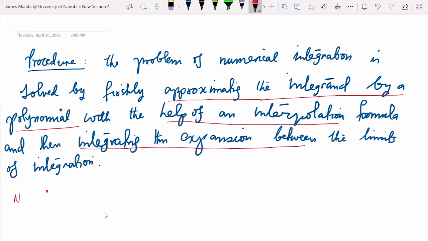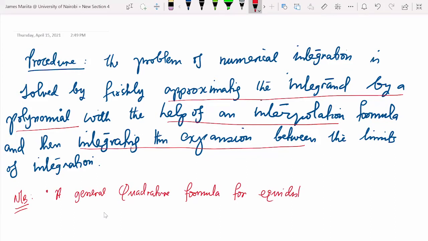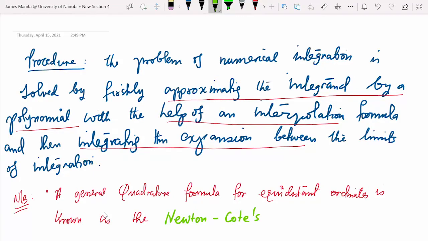So one thing that you're supposed to note here, again very fast, is that a general quadrature for equidistant ordinates is known as the Newton Cotes formula.